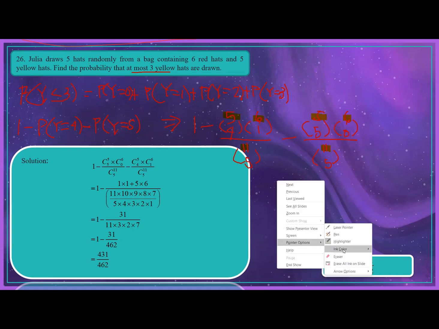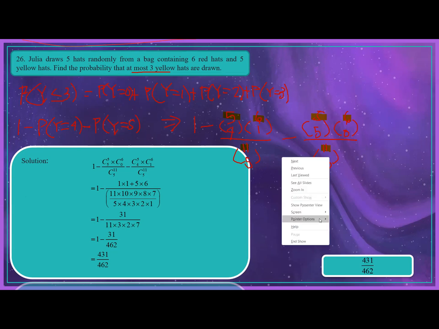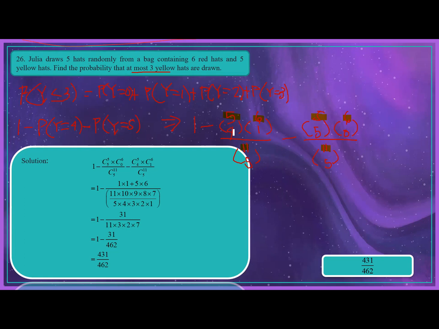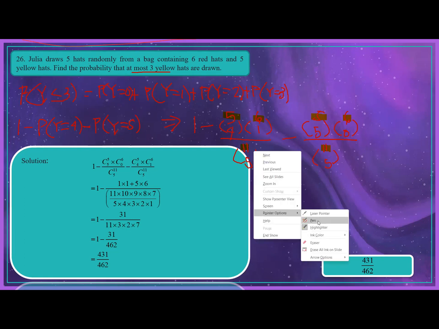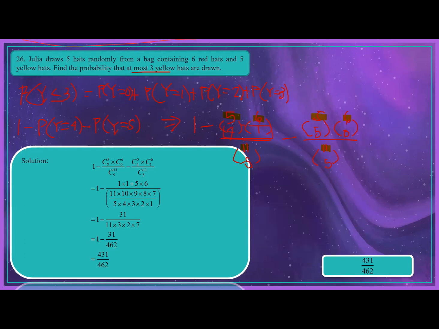And also for the bottom part, 4 plus 1 equals 5, and 5 plus 0 equals 5. So that's your way of checking if your answer is correct.